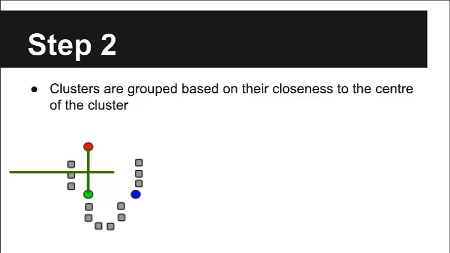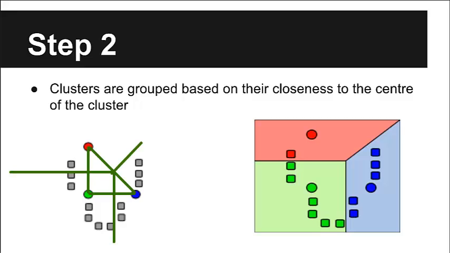In addition, the same thing is done between the green and blue data points. A line is drawn and this line is bisected. Now everything on the right is part of the blue cluster and everything on the left is part of the green cluster. In addition, the same process goes through between the red and the blue data points. At the end of that step, our data points are grouped into 3 clusters. We have a red cluster, a green cluster, and a blue cluster.